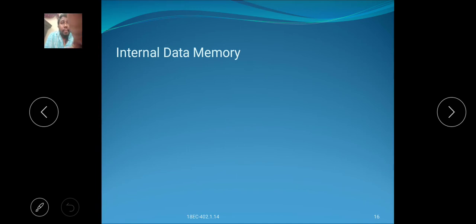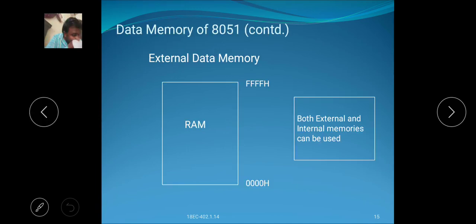The external data memory RAM of the 8051 is from 0000H to FFFFH, and both the external and internal memories can be used.